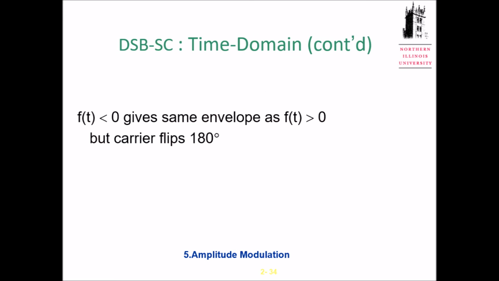To summarize, when my message is negative it gives the same envelope as when it is positive, but the carrier flips by pi. We call it phase reversal. The phase jumps.